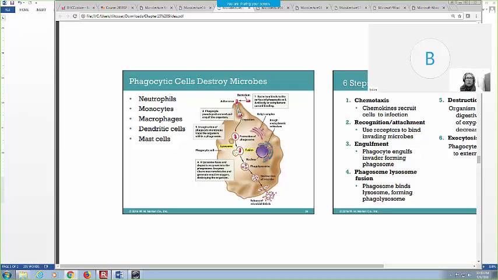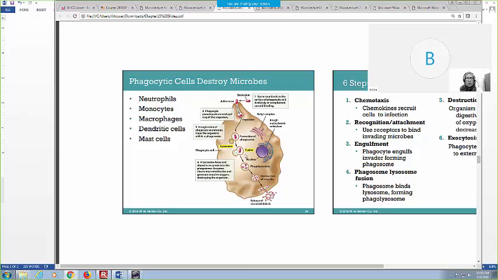But it's used very effectively by phagocytic cells, which are the neutrophils and the macrophages. Monocytes mature into macrophages when they get in the tissue. Also, dendritic cells can carry it out, but the two main ones, the major immune cell in the highest numbers, are the neutrophils that carry out phagocytosis.